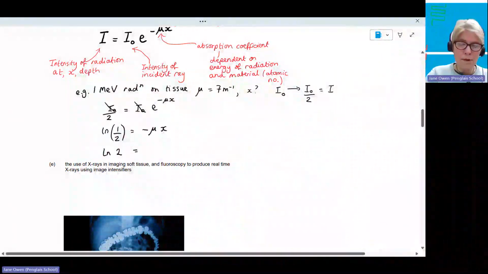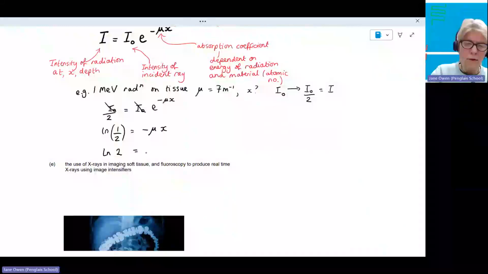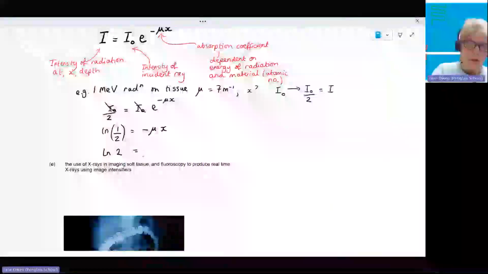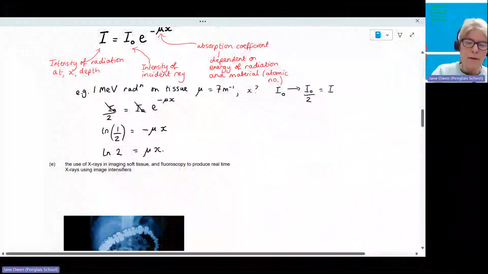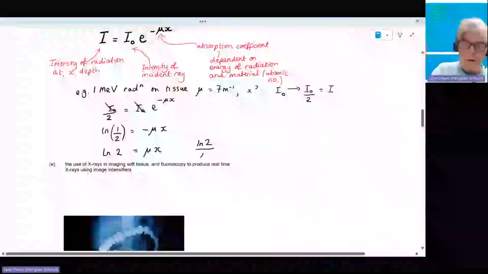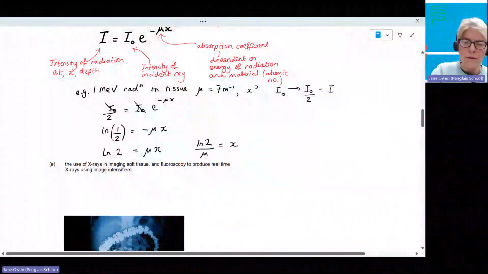I'm being very simplistic, going through it, otherwise it's going to take too long to get through everything else. But basically, if you have a minus there, you can just swap those two numbers over. So mu x equals log 2, so log 2 divided by mu will give me x, the thickness.